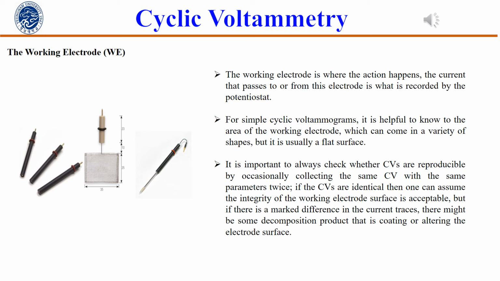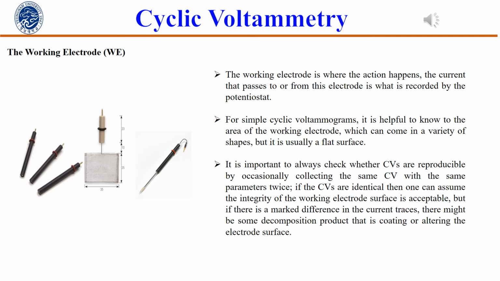A potentiostat is used to control the applied potential of the working electrode as a function of the reference electrode potential. The most important aspect of the working electrode is that it is composed of redox inert material in the potential range of interest.